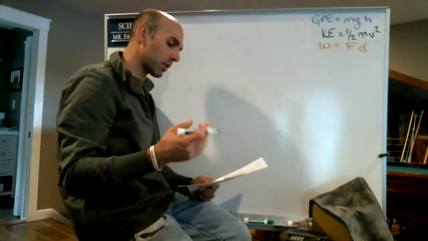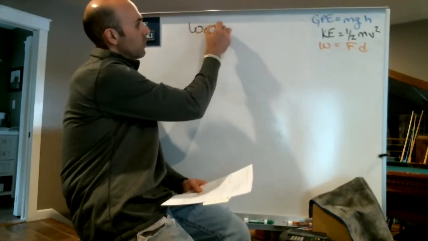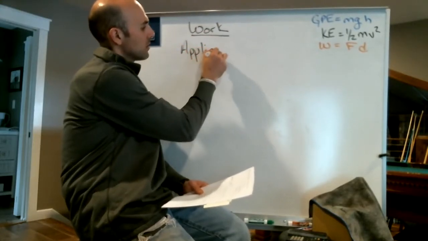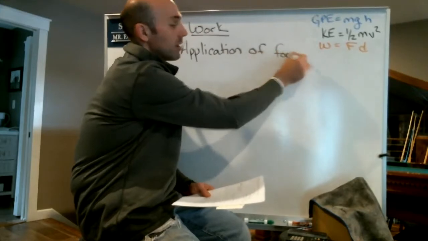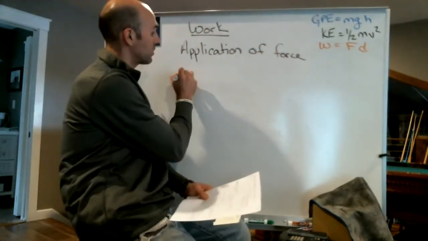All right. So let's see. What is the deal with work? Work is an application of force. So work is an application of force. It is a movement of an object by a force.